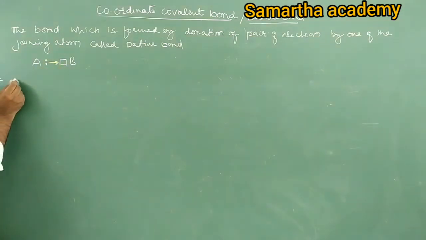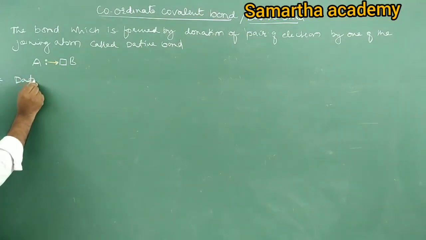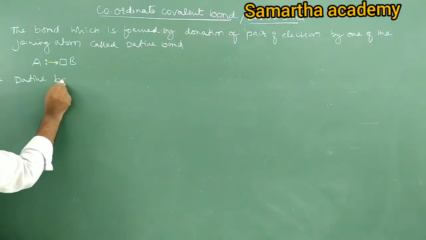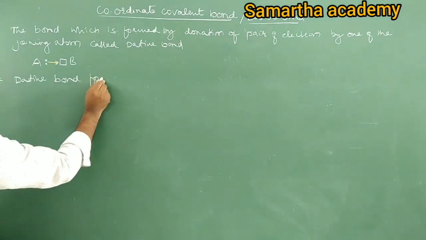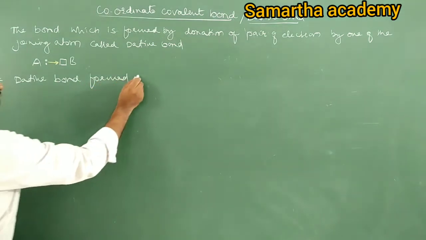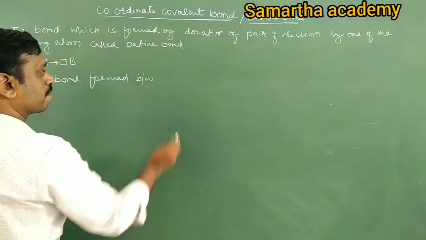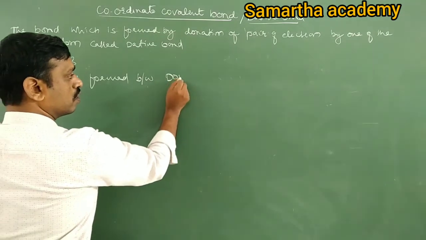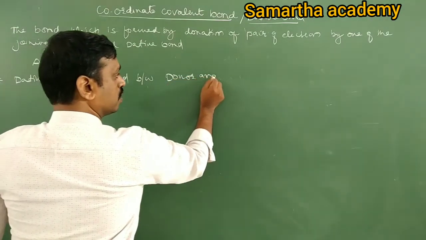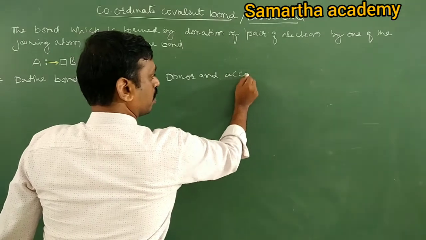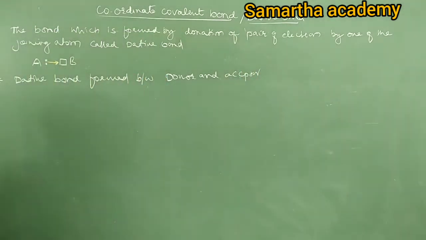The next slide: a dative bond or coordinate covalent bond is formed between donor and acceptor. Next, do you know how this is denoted? A dative bond is denoted by an arrow mark.